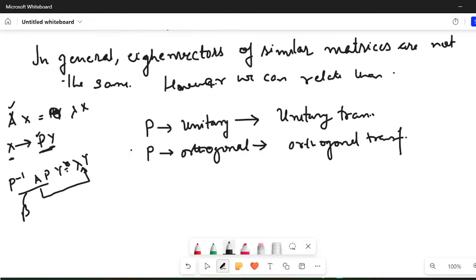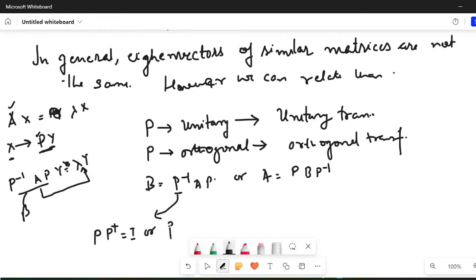Let's say if this P exists, then we can diagonalize the matrix. Let's say I can diagonalize this matrix B is equal to P inverse AP. Or similarly I can write A is equal to PBP inverse. Now if this P is unitary, that is if PP dagger is equal to identity, or P inverse is equal to P dagger, then I can write that this is my unitary transformation.